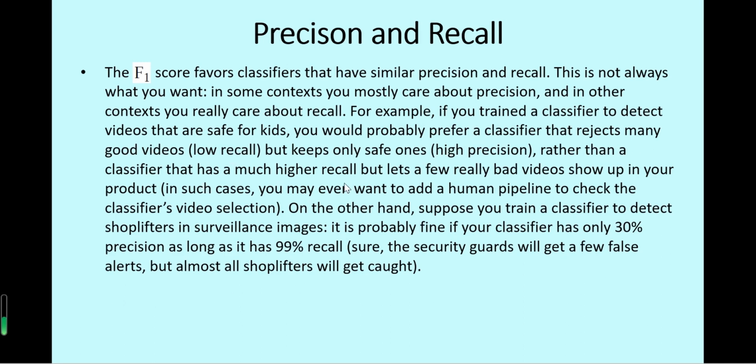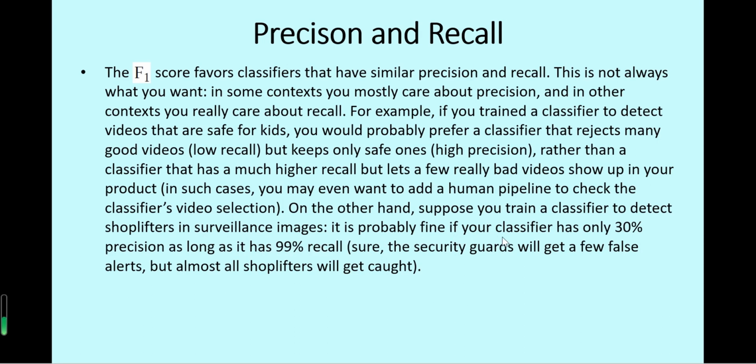But in another classifier, you may want a higher recall, and not really care about the precision. For example, say you want to use a classifier to detect shoplifters in surveillance images.